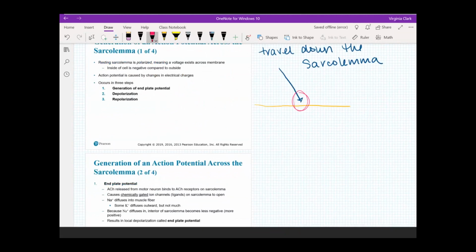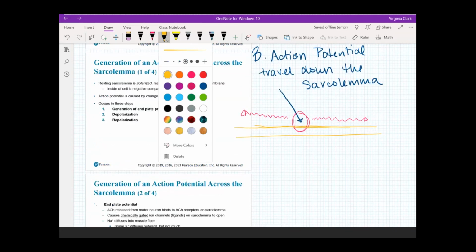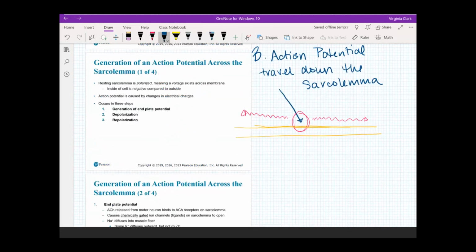Now what we need to do is have it go this way and this way, because remember, our muscle fiber cell that we've talked about a lot is a long, narrow muscle fiber. So we need to not just have the actions occur at the actual junction, we need to have it travel down the sarcolemma. So that's what this part B is really talking about.